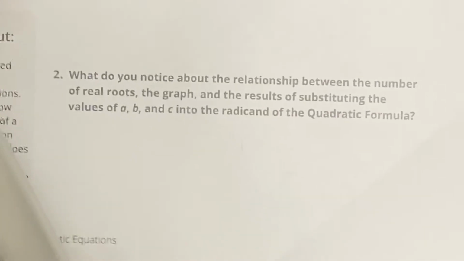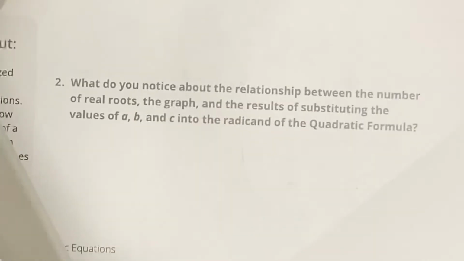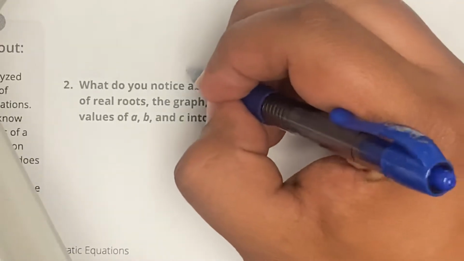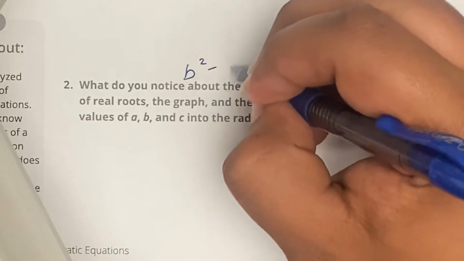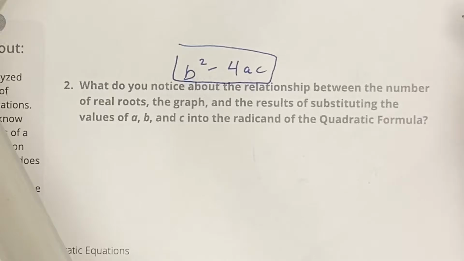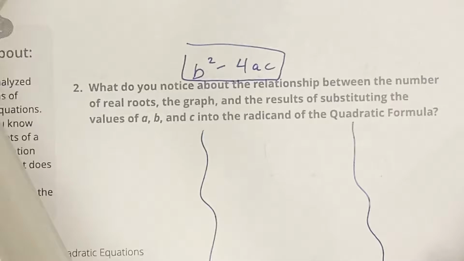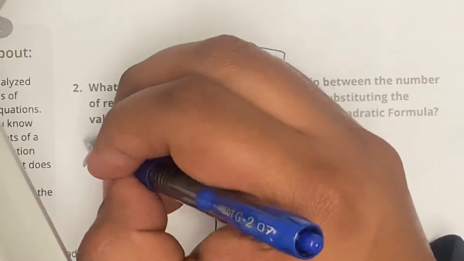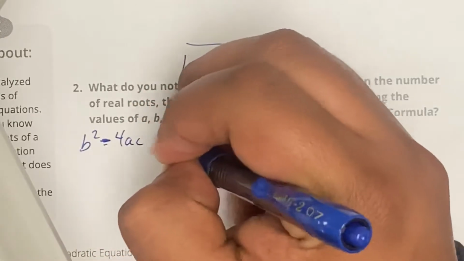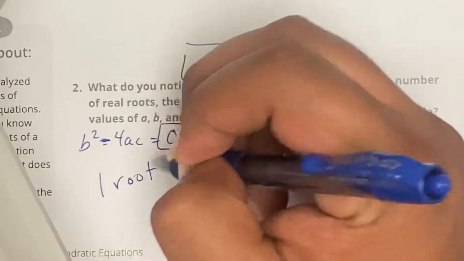What do we notice about the relationship between the roots, the graph, and the results of substituting? We will see something like this. Using our specific part of the quadratic formula, I'm not going to get into a whole bunch of vocabulary, but if we get b squared minus 4ac, and it gives me 0, that is one root.